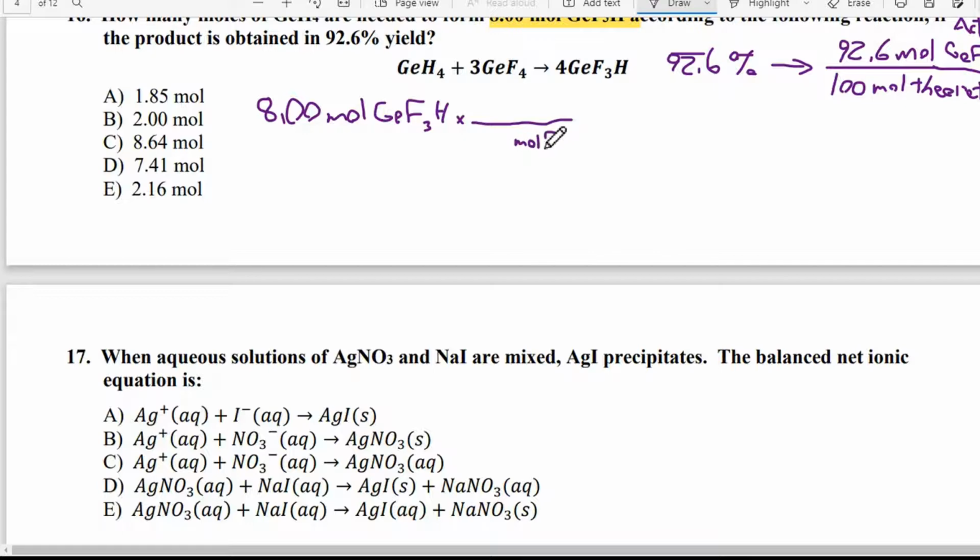Moles GeF3H actual. And so this is 92.6 moles that I would actually form for every 100 moles that I would expect to form.